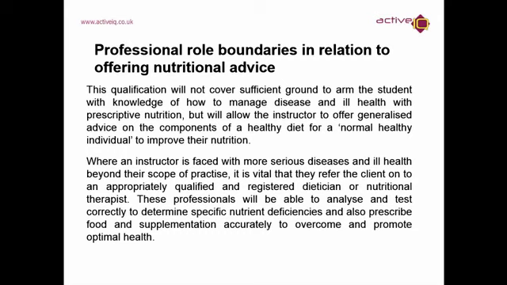This qualification will not cover sufficient ground to arm the student with knowledge of how to manage disease and ill health with prospective nutrition, but will allow the instructor to offer generalised advice on the components of a healthy diet for normal, healthy individuals to improve their nutrition.